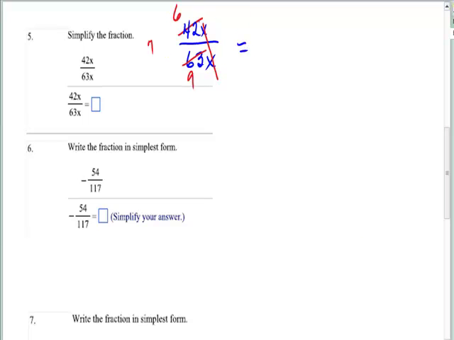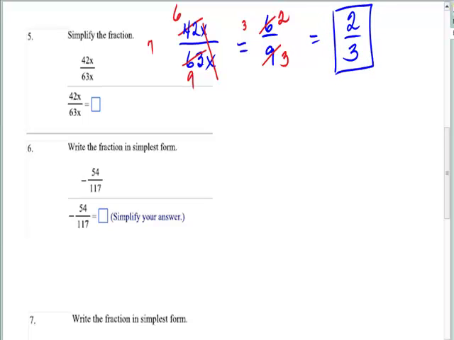If you can see through my clutter, I have 6 over 9. And looking at that, I realize that's not in lowest terms yet. It's better, but it's not all the way, because there's a common factor of 3. 3 goes into 6 2 times, 3 goes into 9 3 times, and this is 2/3.